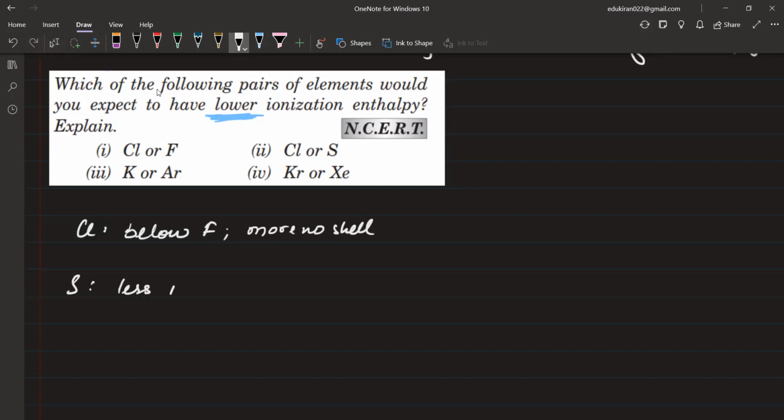less nuclear charge. That means it has less atomic number, which means fewer protons. And one more reason would be larger size.